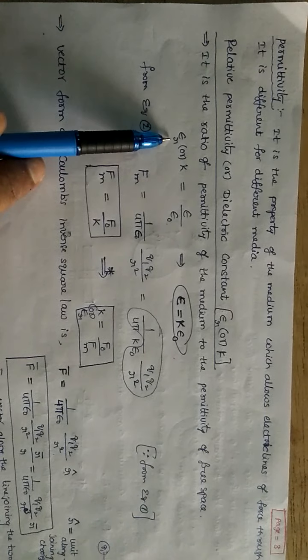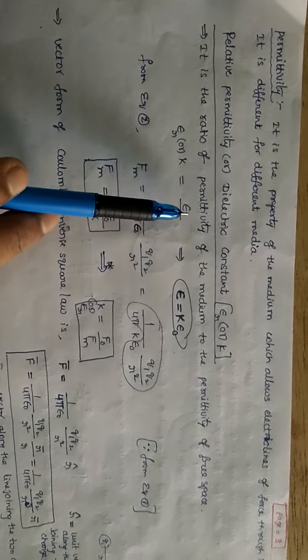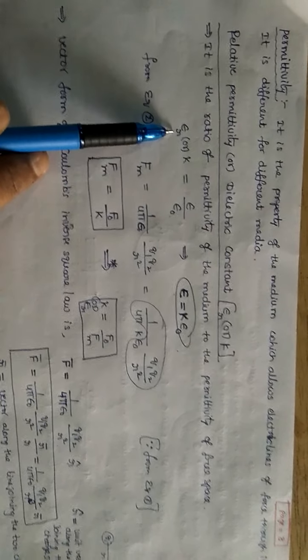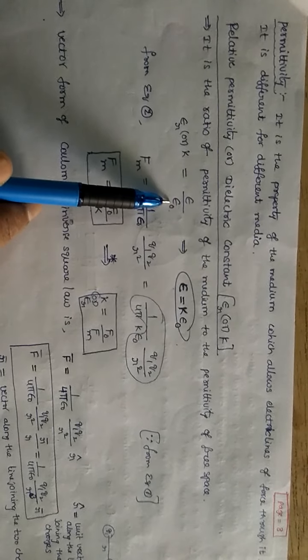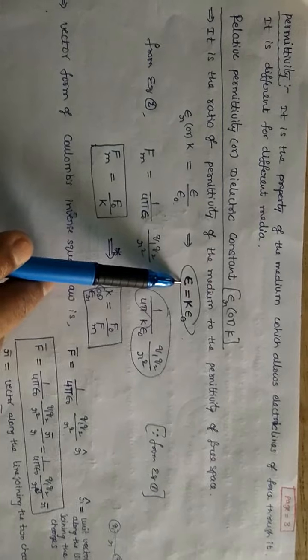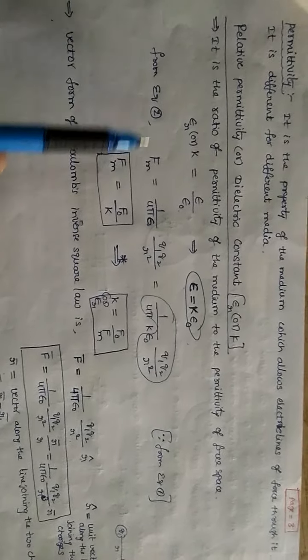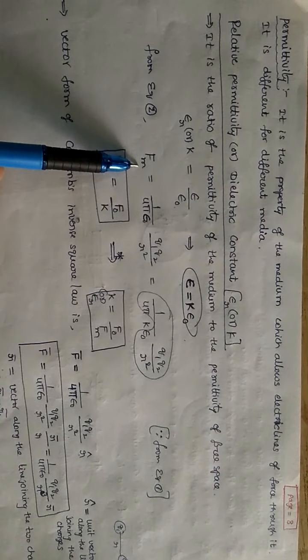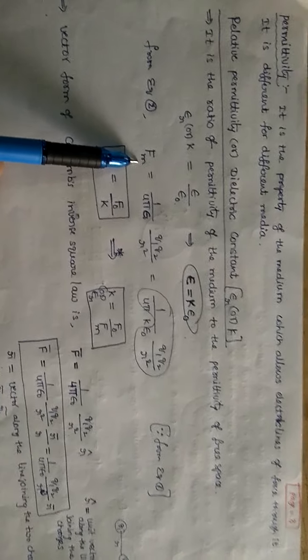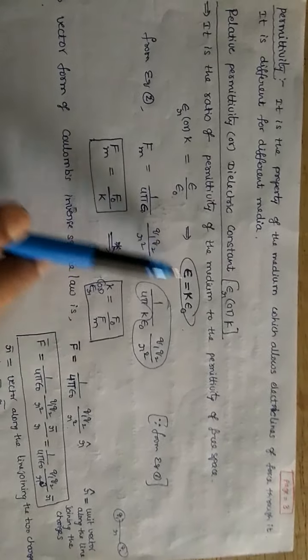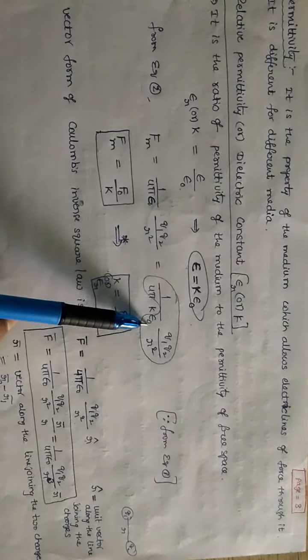The basic formula of epsilon r is nothing but the ratio of permittivity of the medium to the permittivity of free space. Epsilon r is equal to epsilon by epsilon naught. Cross multiplication, epsilon equals k epsilon naught. Substitute this condition in equation 2, force between them with any medium: 1 by 4 pi epsilon, and in this epsilon substitute k epsilon naught.